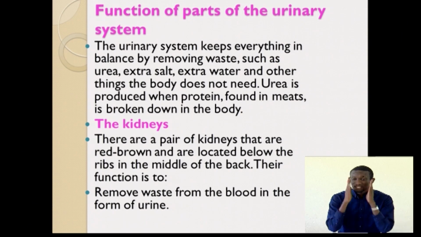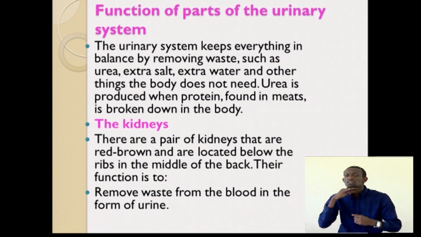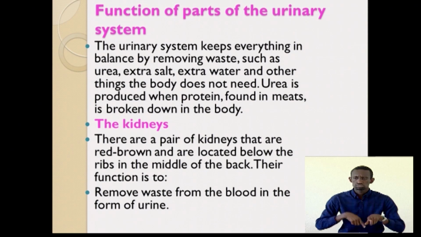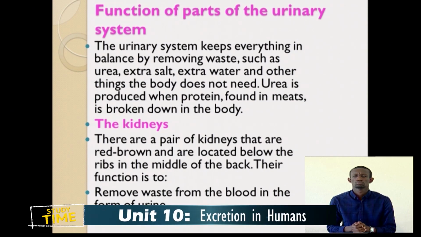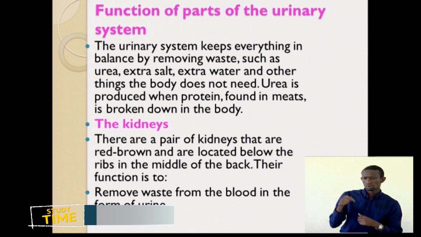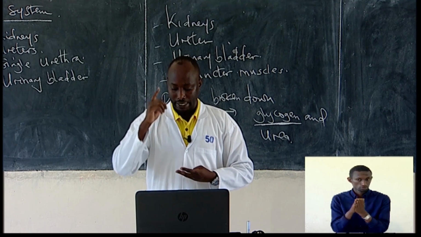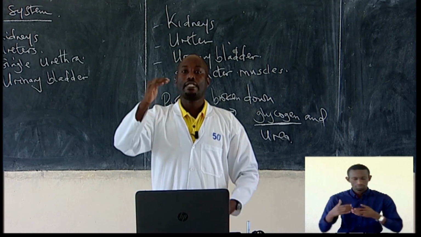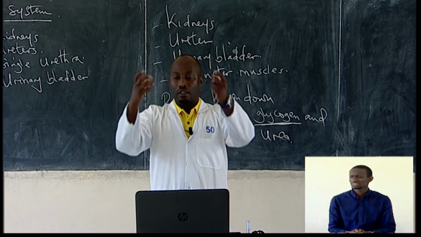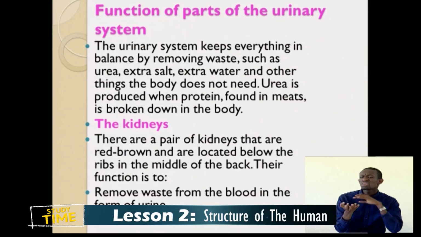The process of removing urine from the body, or draining of urine from the body, is referred to as urination. So removing waste from the blood in the form of urine is normally done by the kidneys. It means that when the kidneys are not functioning properly, the filtering and removing of wastes from the blood is not going to be done properly.